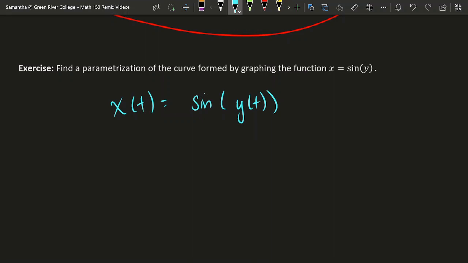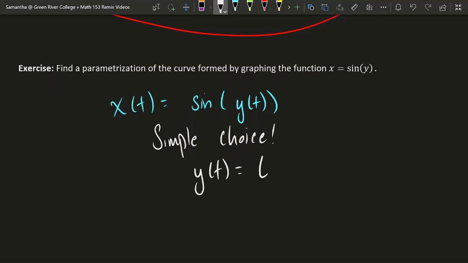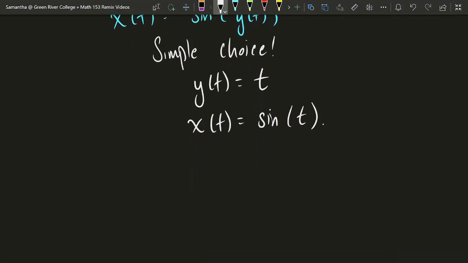So there's one very simple choice once again. Let me just let the independent variable be replaced by t. And then let's make x move to match that. No longer sine of y, but now sine of t.